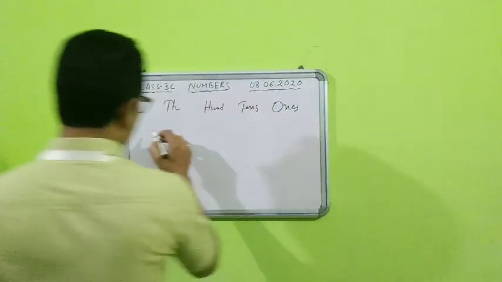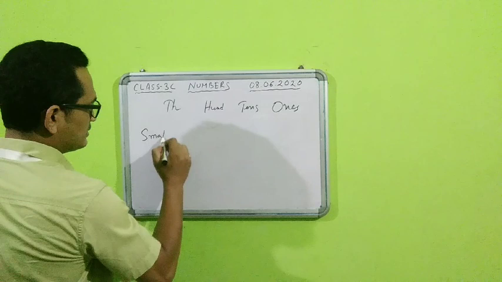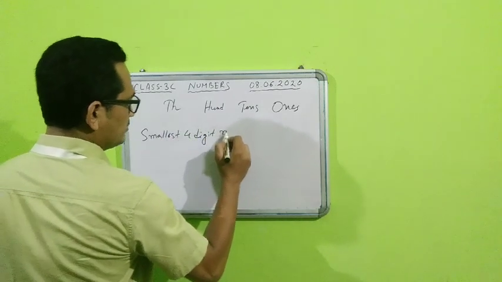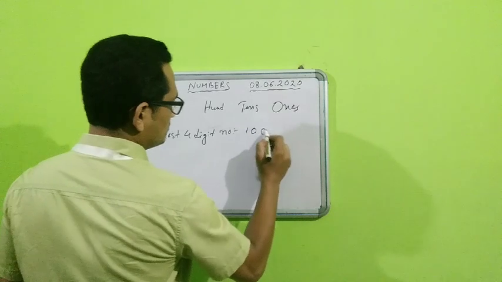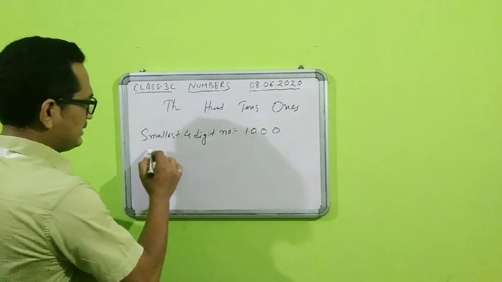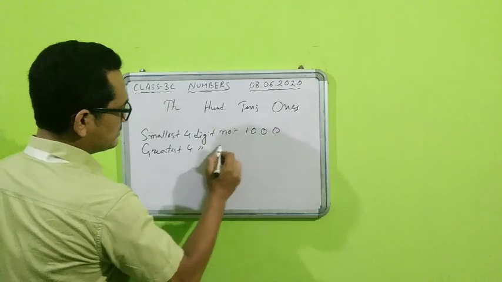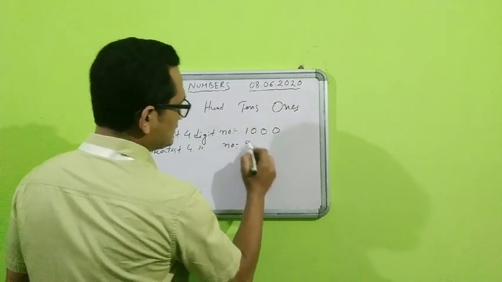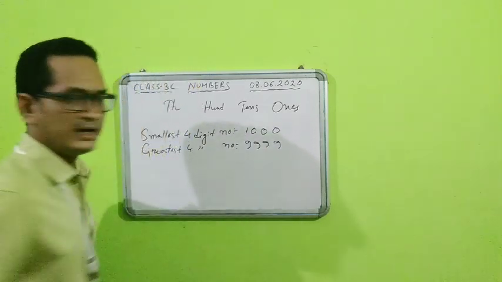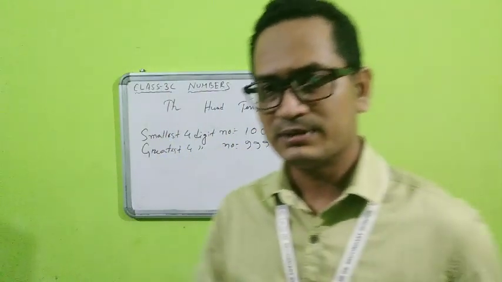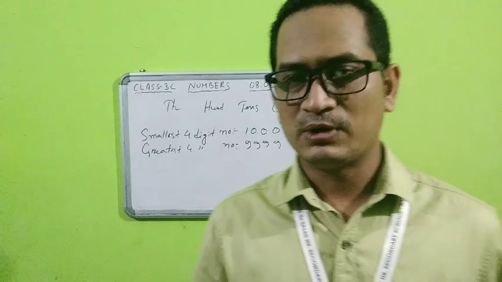Which are those numbers? The smallest four-digit number is equal to 1000, and the greatest four-digit number is equal to 9999.